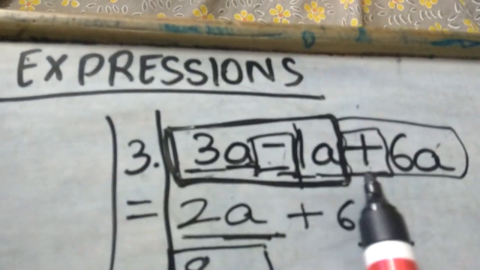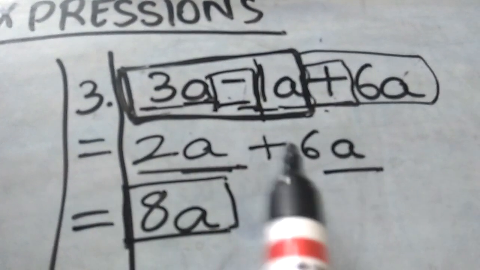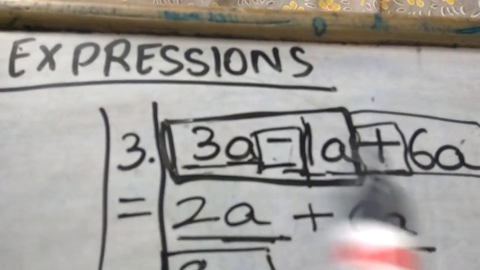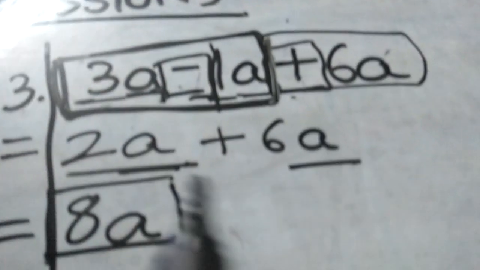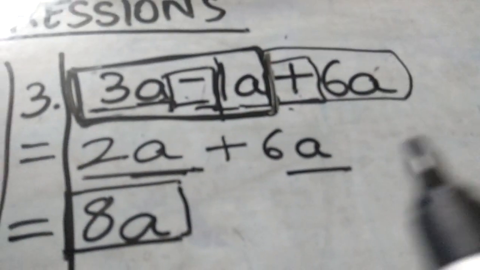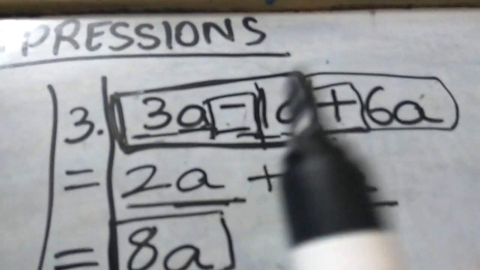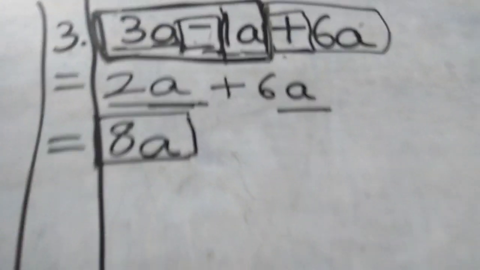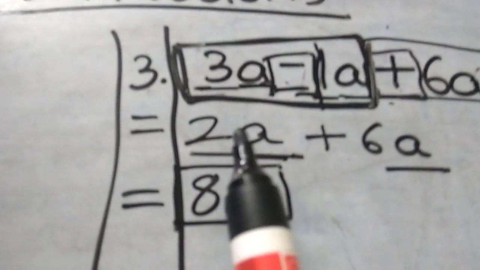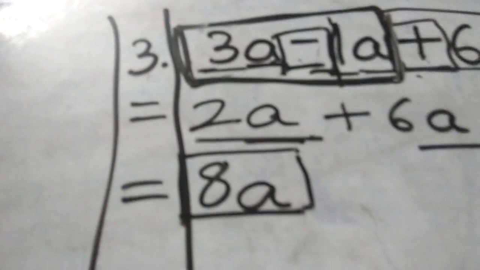We first did the first part of the sum, when we got the answer 2a after subtracting these two. Then because we had one part of the sum still left, which was plus 6a, we just wrote the same thing after the answer of 3a minus 1a. After doing the calculation for 2a plus 6a, we got the answer 8a. And that's how we did it.